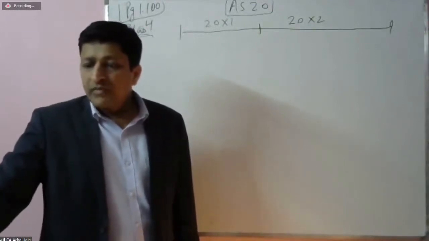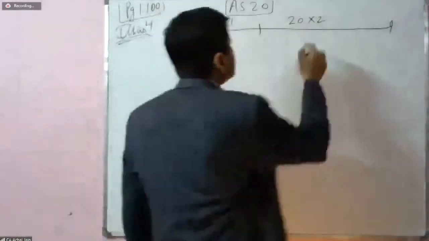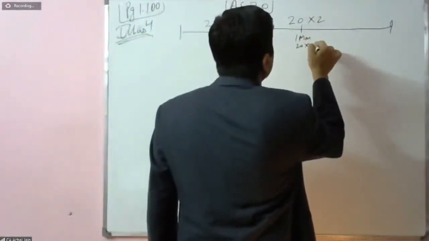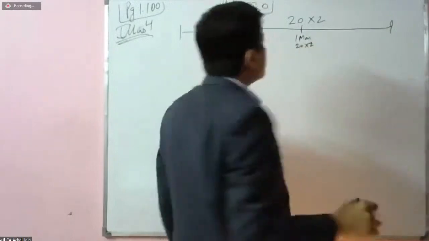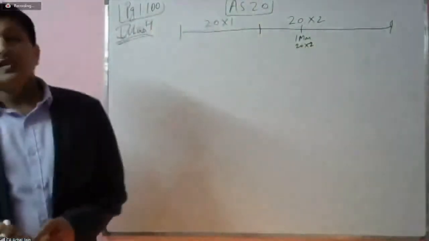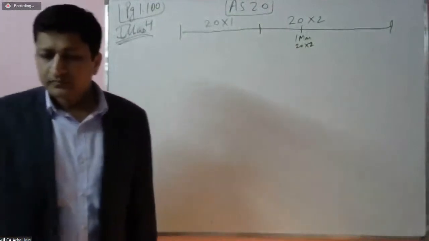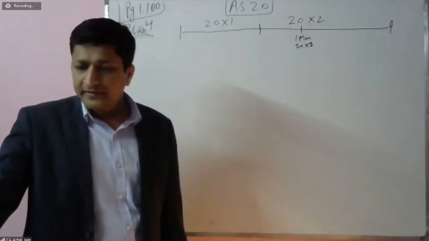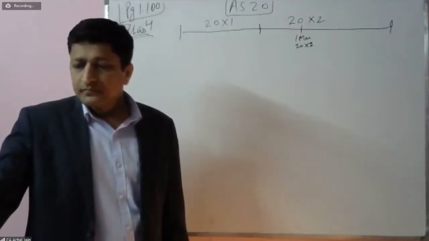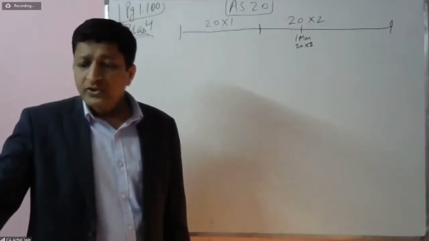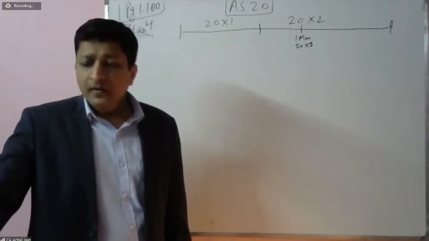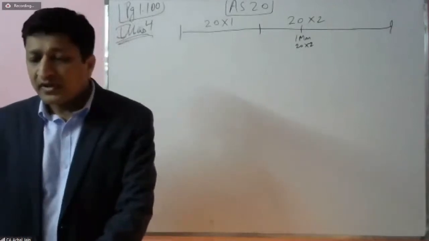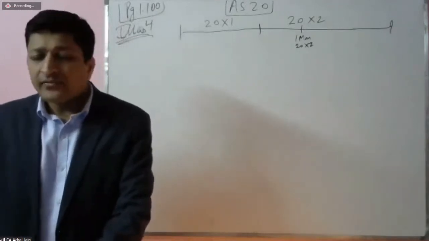On 1st of March X2, we can say there is a right issue. This is the last day to exercise the right. In the right issue, one new share has been given for each 5 outstanding.